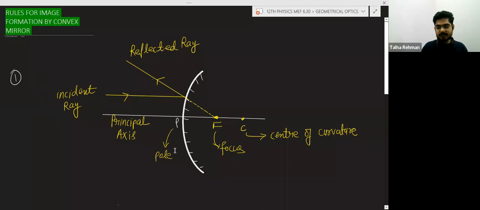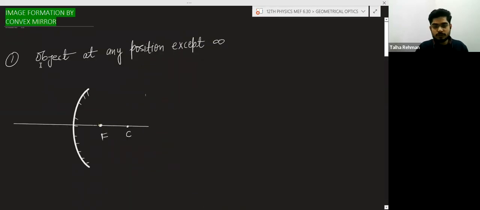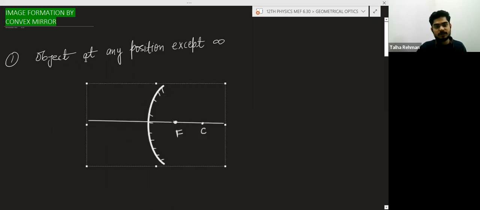Now we will discuss the image formation by the convex mirror. In a convex mirror, there are only two conditions for the object: it can be placed either at infinity or between the mirror and infinity. So in the first case I am taking the object at any position except infinity.